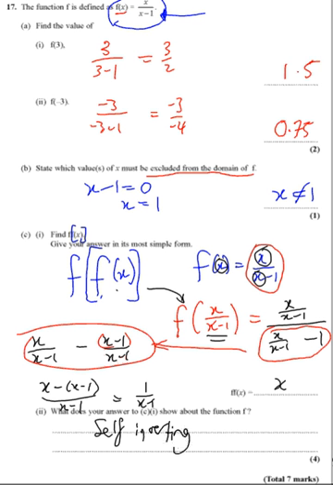Let's say I put in 3, because that's the first example. If I put in 3, then as we know from the first result, I get 1.5 out. If I put 1.5 into the function, I'll get 3 back out.